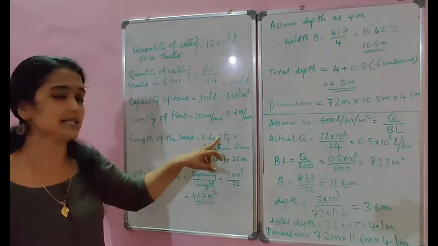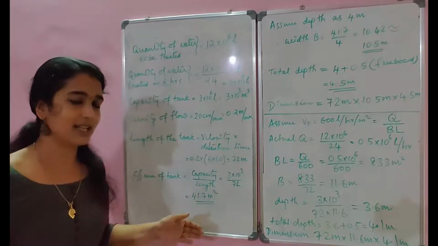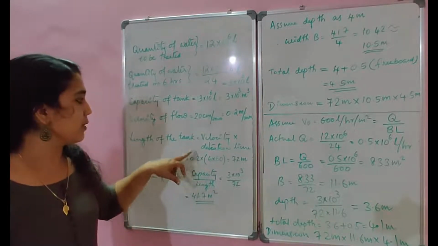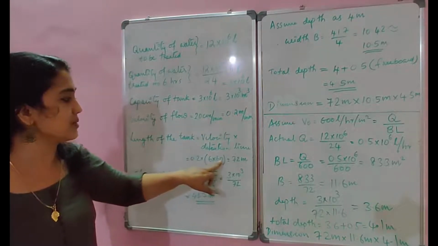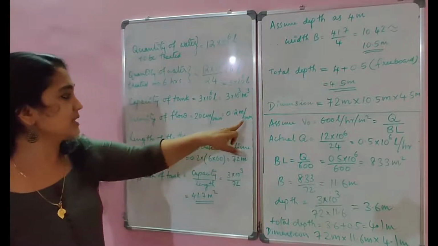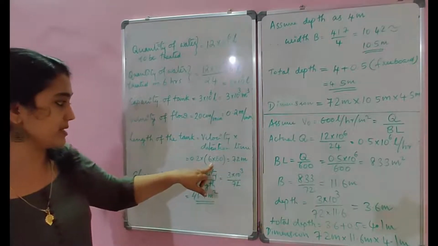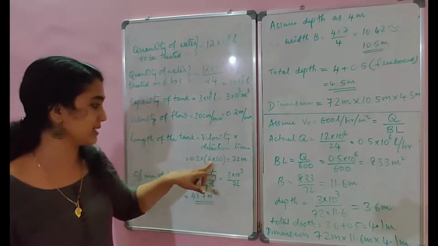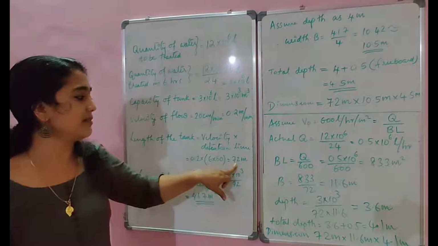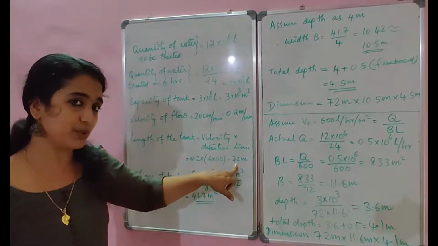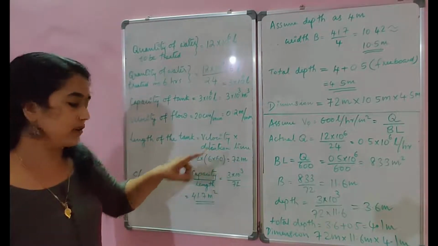Velocity into time gives the distance traveled, that is the length of the tank. That is 0.2, the velocity of flow, into 6 into 60, because the velocity is in minutes, so we consider 6 hours into 60 minutes. That gives the length of the tank as 72 meters.